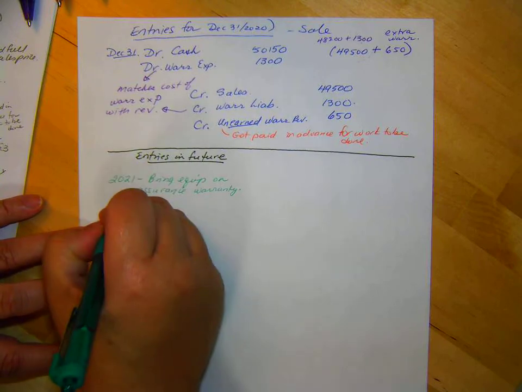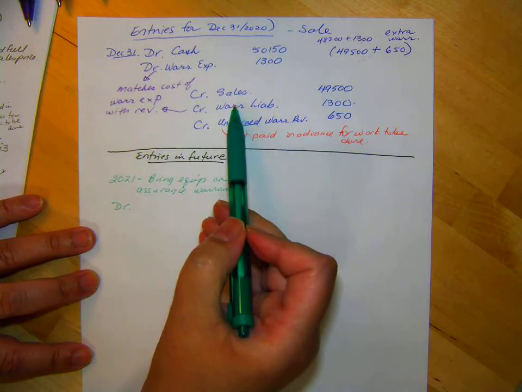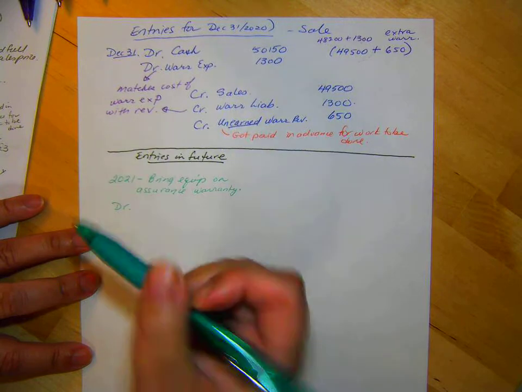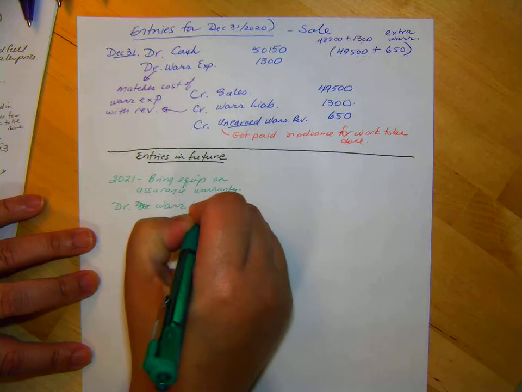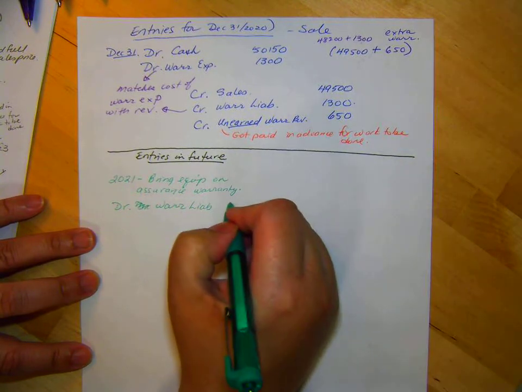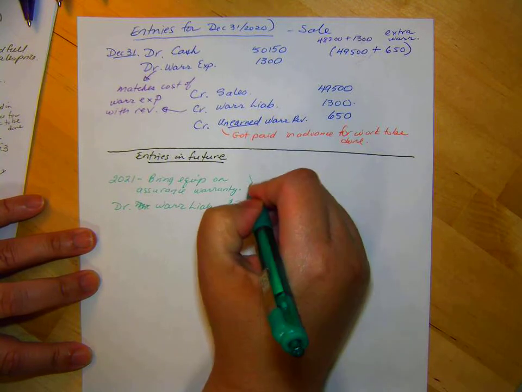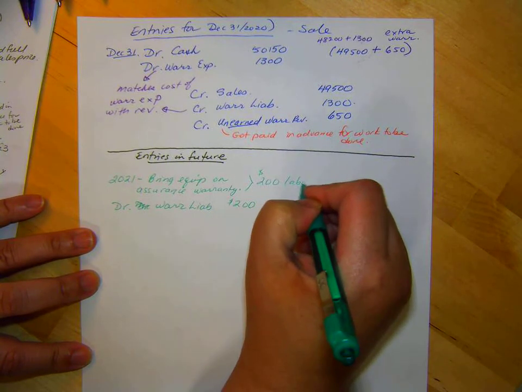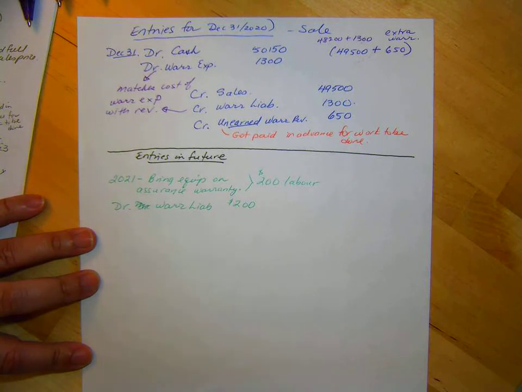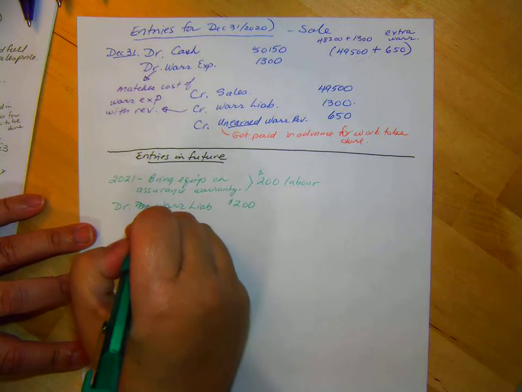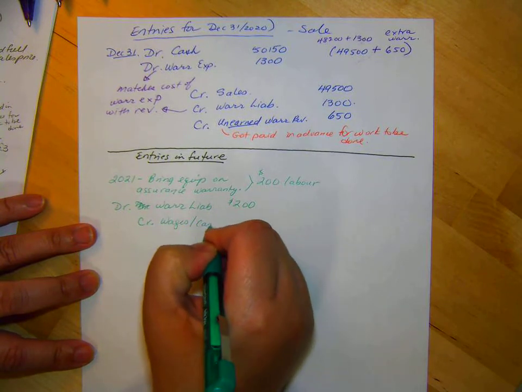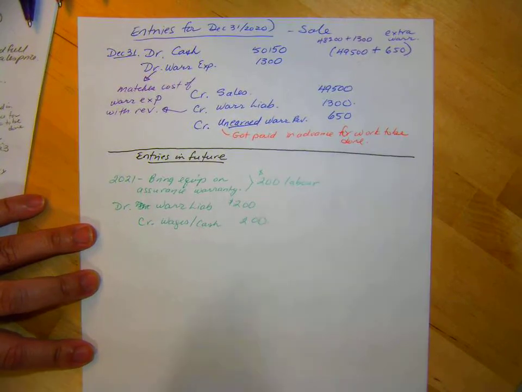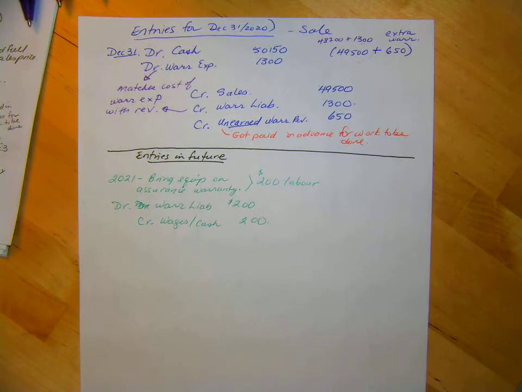Then, and this you learned last year, we take it out of warranty liability. So we reduce the warranty liability, whoops, for, let's say it was for $200. Let's say it's for labor. So we reduce the warranty liability, and we credit wages or cash or something for $200. Okay, so that's a year after December 2020.